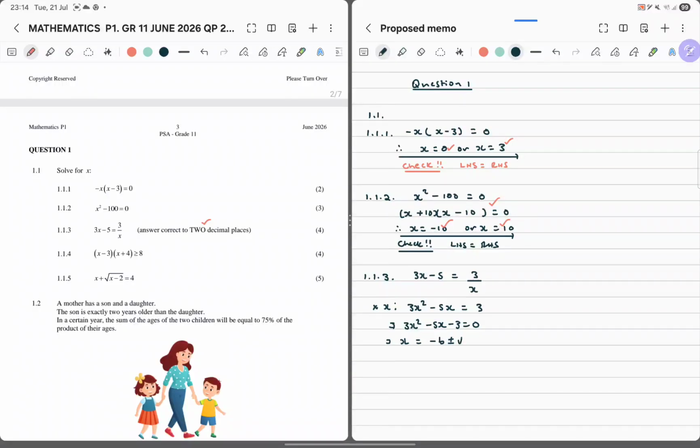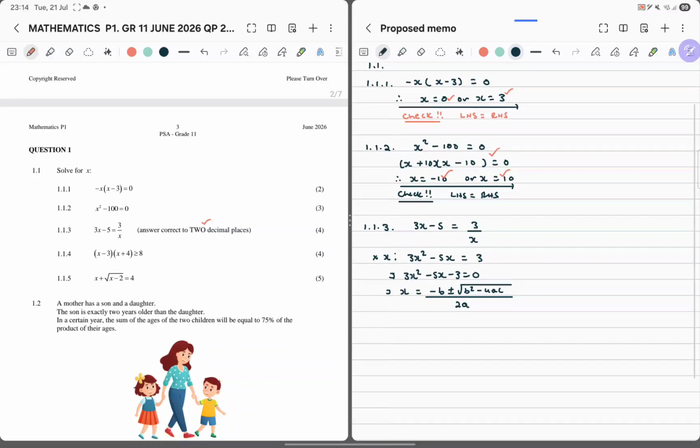X is minus b plus or minus the square root of b squared minus 4ac all divided by 2a. We know that once we have to do this, we either complete the square or we use the quadratic formula. Technically, these are just one and the same thing.